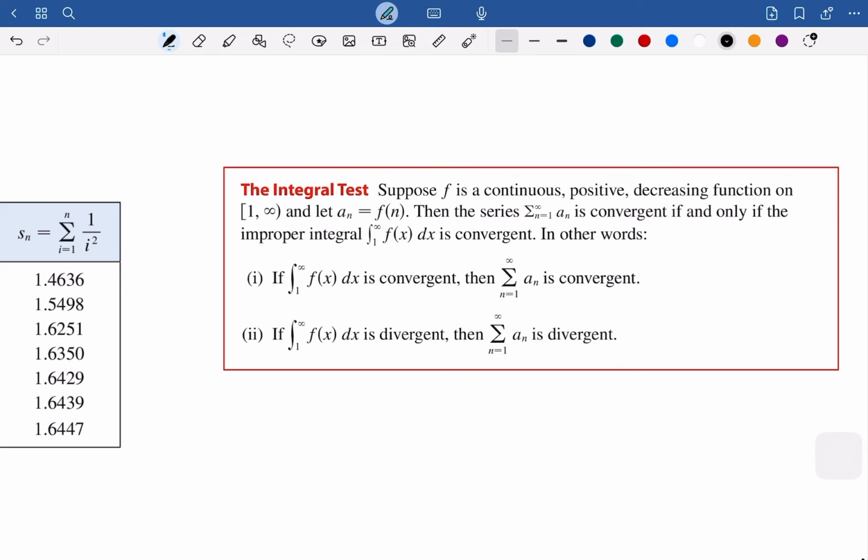But I think one weakness of the test is if it is convergent, we don't really know the value, right? So it only tells us it's convergent or it's divergent. But we can know the value, at least by some approximation, which we are going to see after some examples.